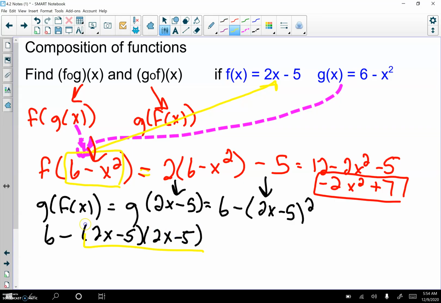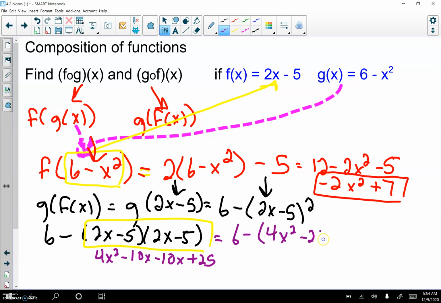And I'm going to FOIL that to get 4x squared minus 10x minus 10x plus 25, hoping you're good at foiling at this point. So it'd be 6 minus 4x squared minus 20x plus 25, which is 6 minus 4x squared.